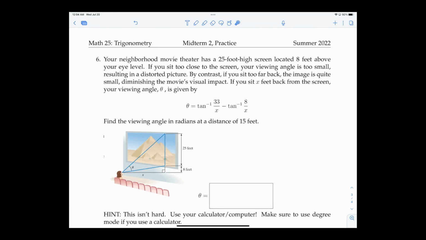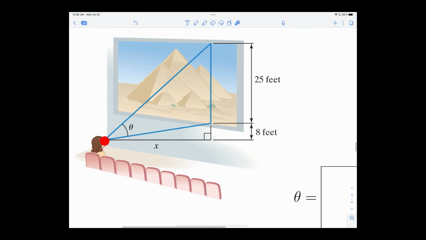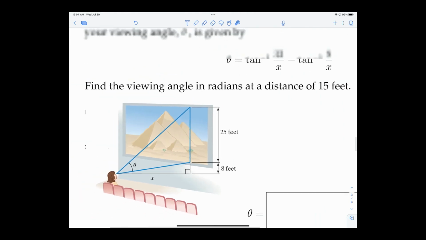So the person looking straight ahead is looking at the wall. You have to look up a little bit to get to the screen, right? So this is straight ahead and then up a little bit.